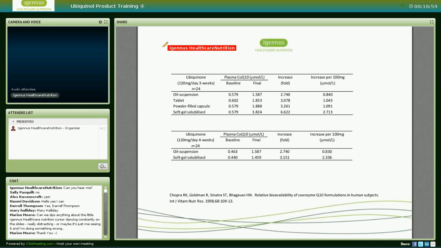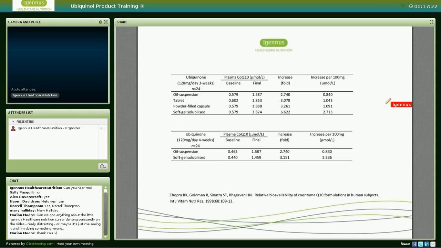So after 3 weeks, this top graph here, we have our baseline levels, and then we have our final levels. We have an increase fold after 3 weeks of supplementation, and then we have an increase per 100 milligrams in regards to the plasma coenzyme Q10 levels within the blood.